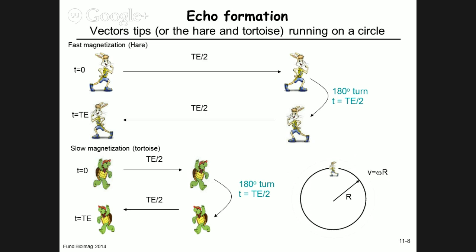And since I now represent the vector tips, that's the orientation of the vectors, they'll all be distributed on the circle at TE equals half, but at 2 times TE half, that is at TE, they'll all be back at the origin and at the same point, and that's where we have the echo formation. And so TE is called the echo time.